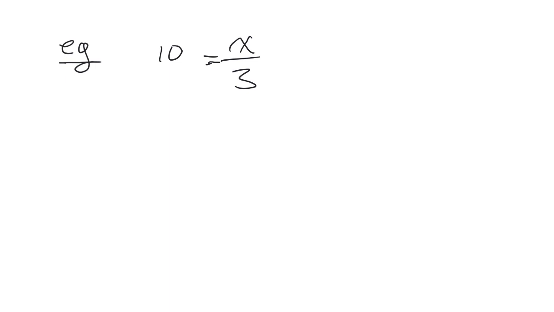So now my x over 3, because it's positive on the right side, I'm going to move it to the left side. I'm going to have negative x over 3. And that's going to equal, well, negative 10. Because what we've done is we've literally just taken our 10 and changed the side, changed the sign. So now we have negative 10.